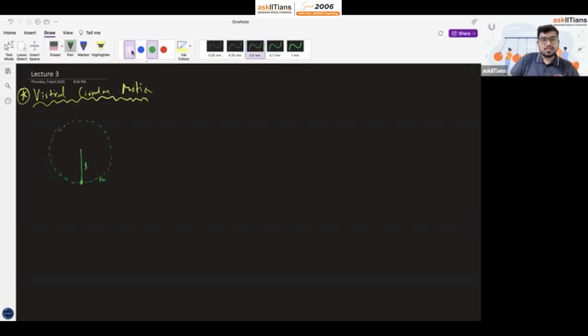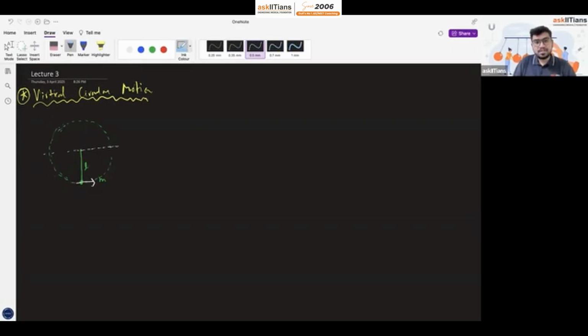Now, what all things we have to discuss? See, the very first thing that comes to our mind when we talk about vertical circular motion is how much is the minimum velocity required at the bottommost point so that it completes the circle. It should not leave the circle in between. So we would be taking care of a few things, like under what scenarios can it fall?